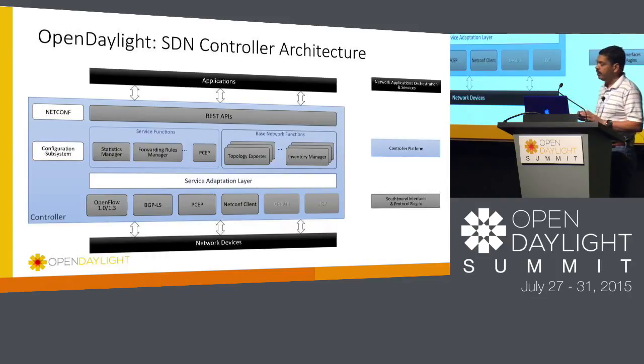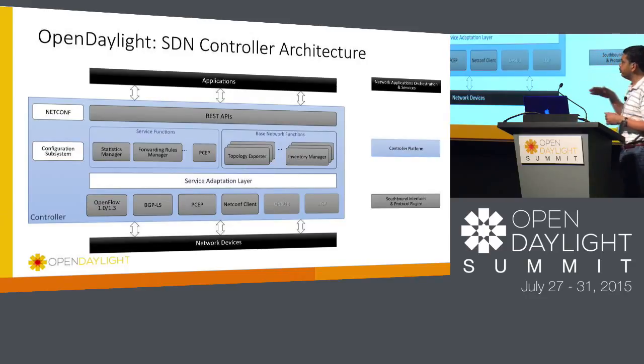And then you have the network services, which could be the base ones like the topology and inventory, or it could be something that you got from someone else, like an additional functionality, like say service function chaining or group policy, etc. And this is where something that you build as an application would go as well. And then the REST APIs are automatically generated for you. So this is the high-level structure.